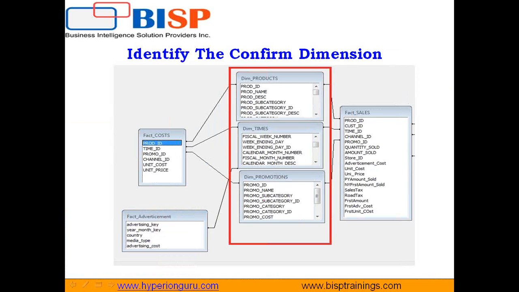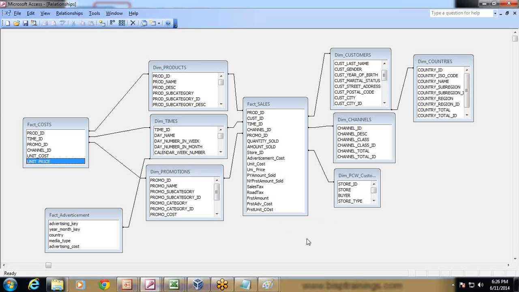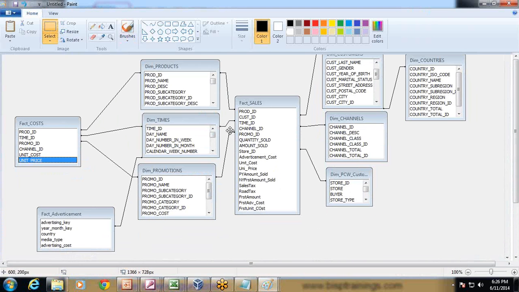So you need to identify your conformed dimensions and convert your galaxy model, this is called a galaxy model, to a subject-specific model. Alternatively, what I could have done is convert this model into subject-specific ones. What I mean is I'll make multiple pieces of this. You see, one part could be this.